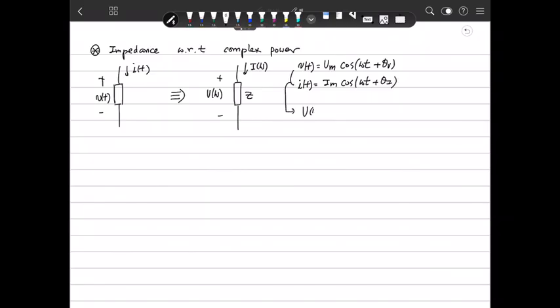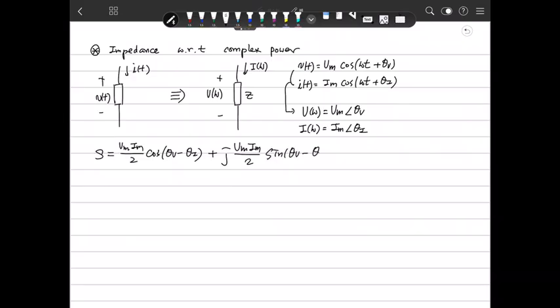And this can be represented as V(omega) is Vm angle theta V, and I(omega) is Im angle theta I. So from here, the complex power was Vm Im over 2 cosine(theta V minus theta I) plus j Vm Im over 2 sine(theta V minus theta I).